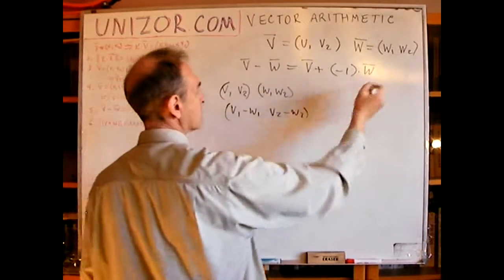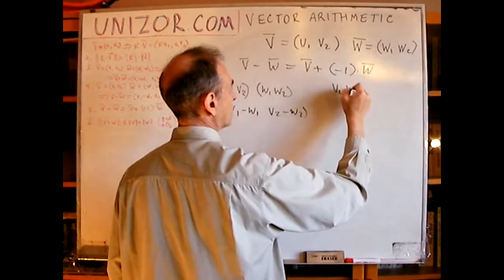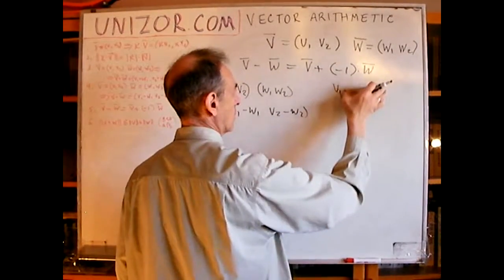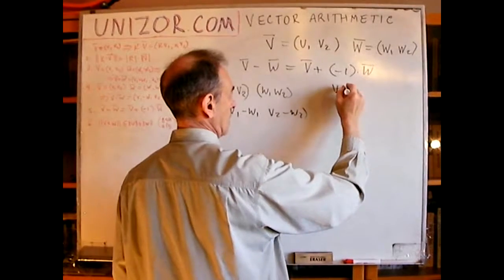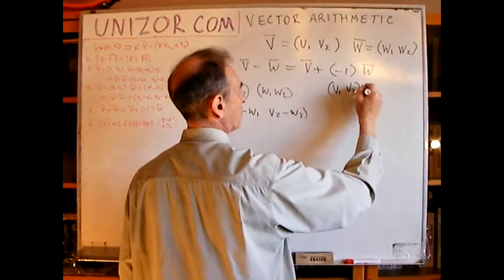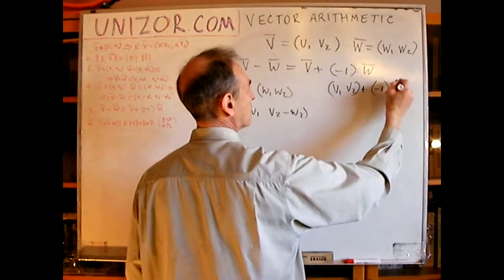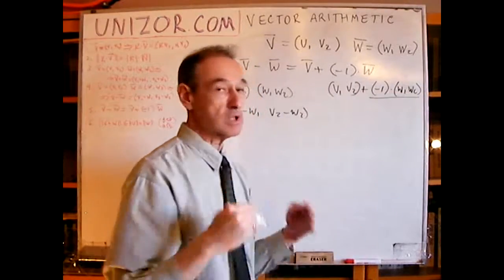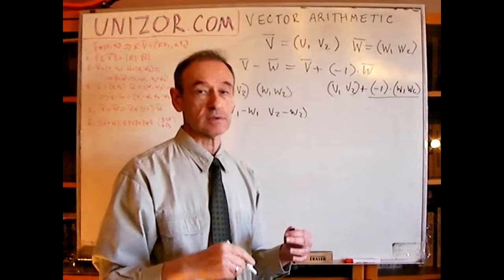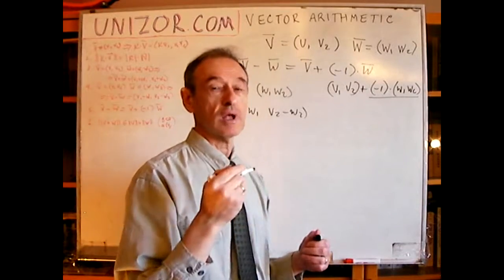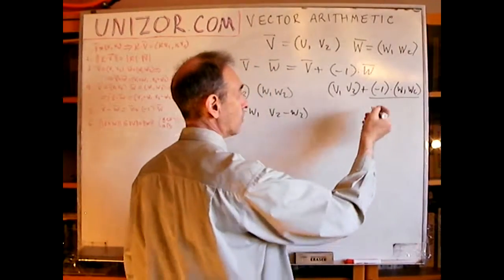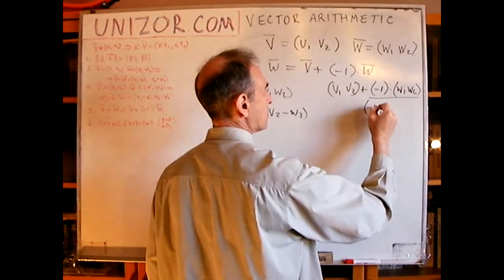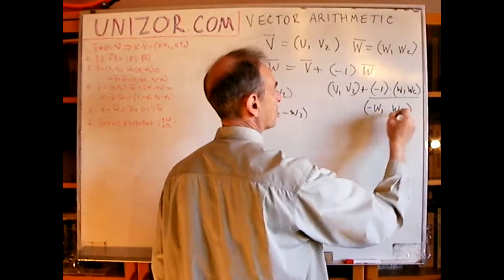Now, what about this? This is V1, V2 plus minus 1 times W1, W2. Now, this is, as we know, multiplication by a constant results in the multiplication of each component in the tuple representation. So it's exactly the same as minus W1, minus W2.